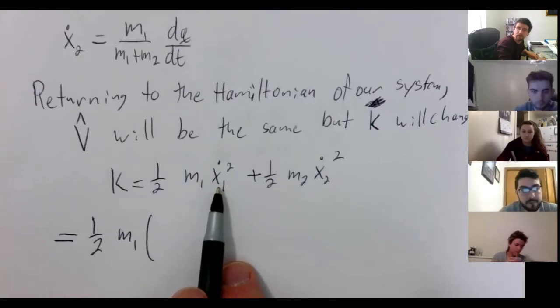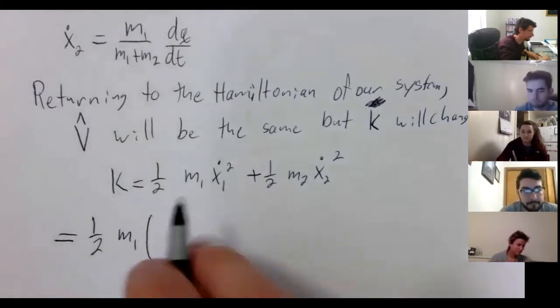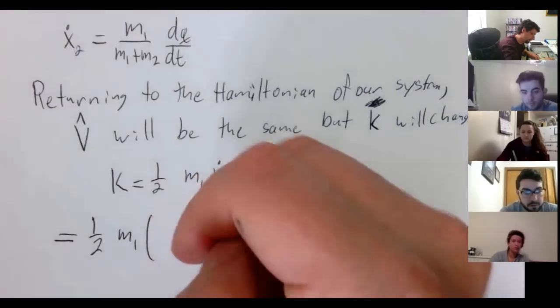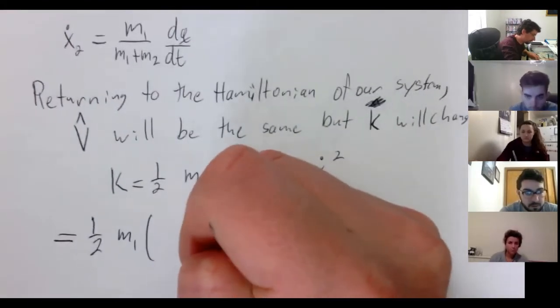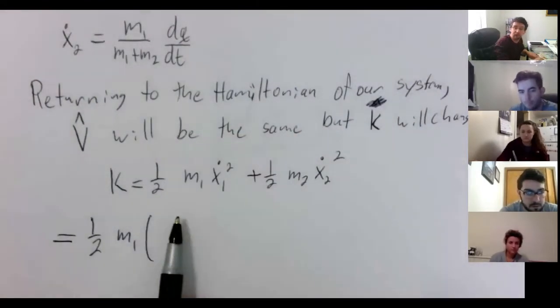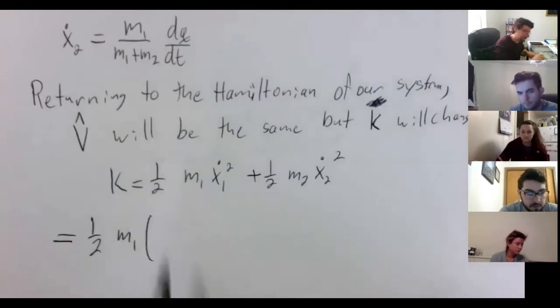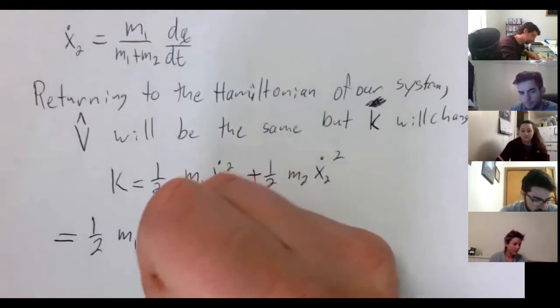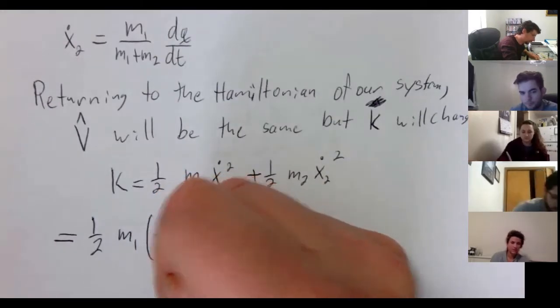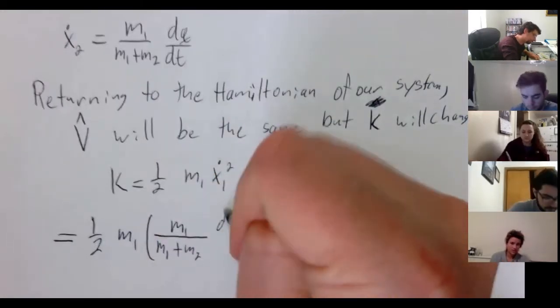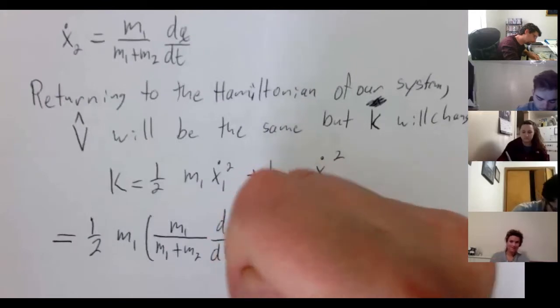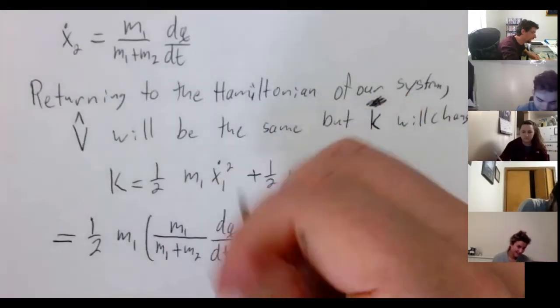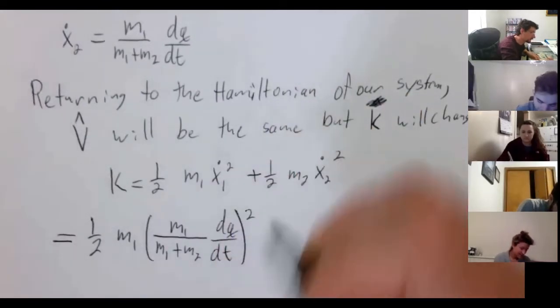That x sub 1. Is that dx1 over dt? Yep, that is true. And then we found another expression for that. So what was that expression? m1 over m1 plus m2 dq dt. Yep. Okay. And all of that is squared.